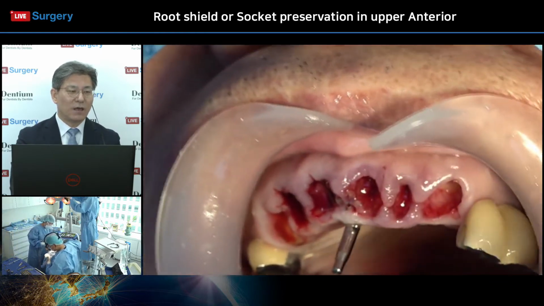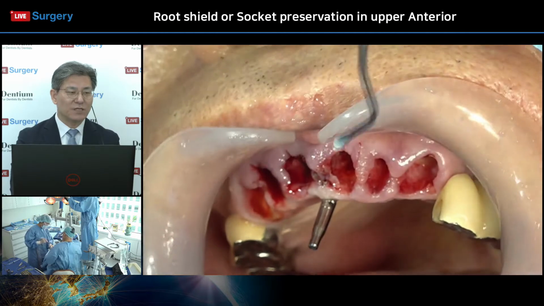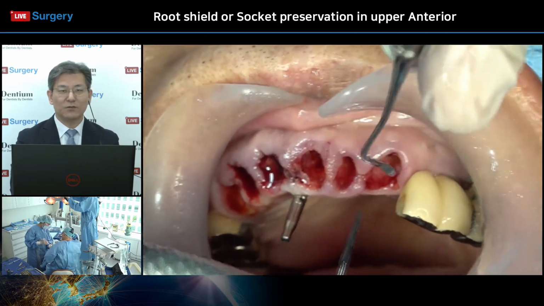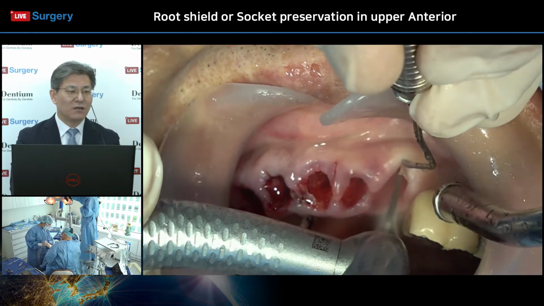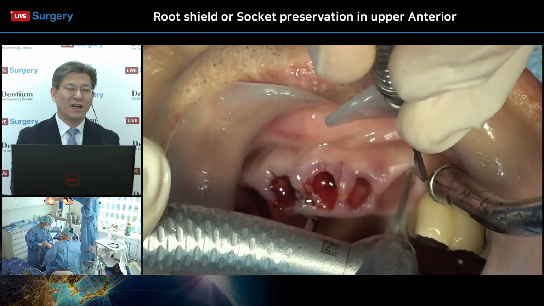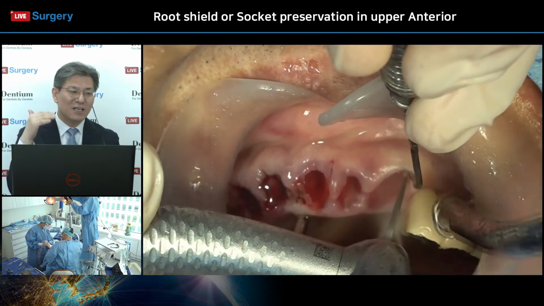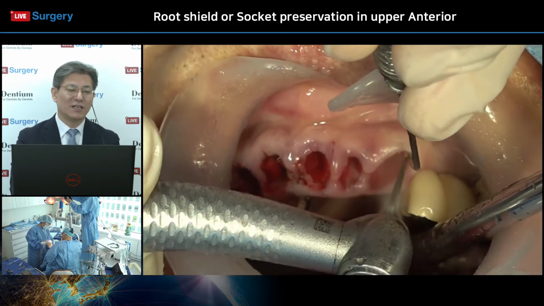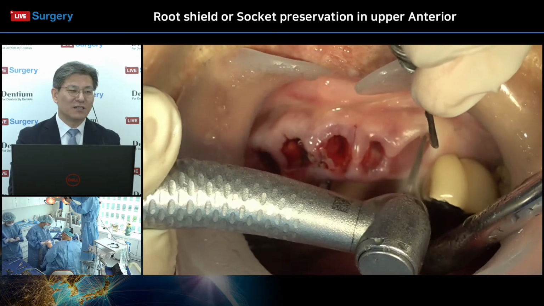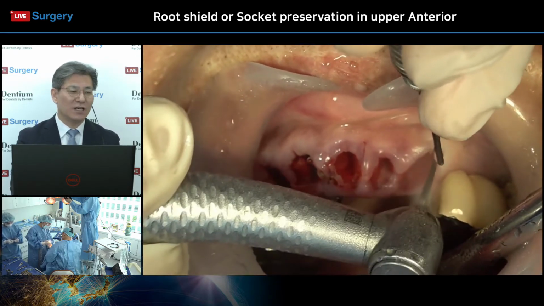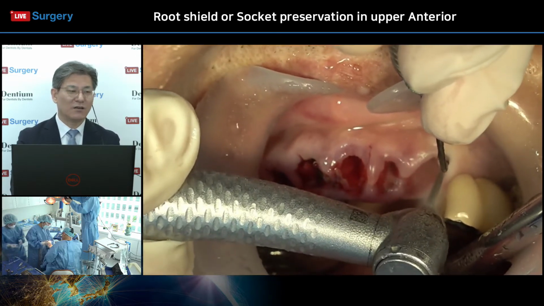And then we can proceed with removing the remnant of the root sheath using a taper bar. This one is a highly skillful technique actually, so we need more practice for performing this socket shield technique, right?